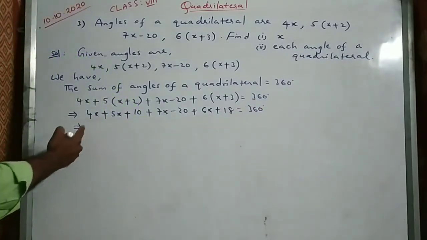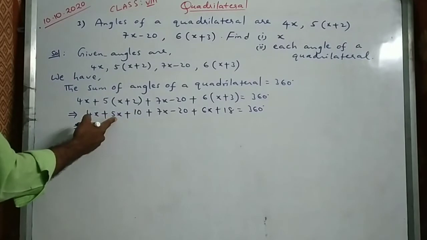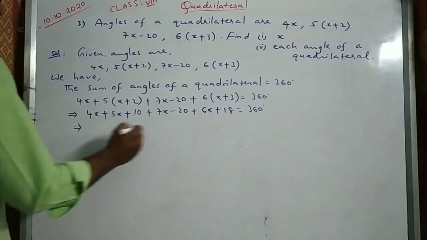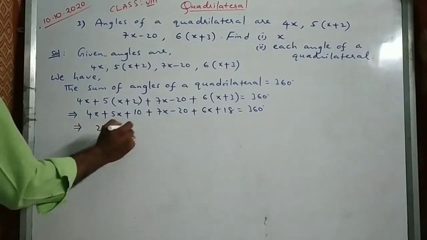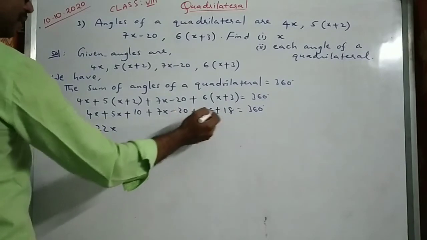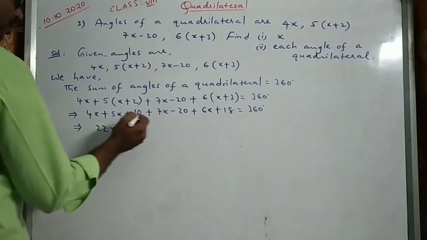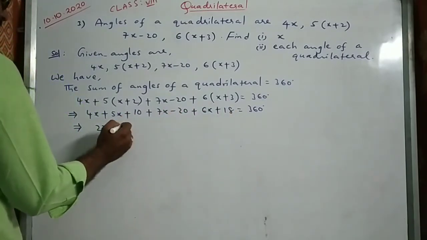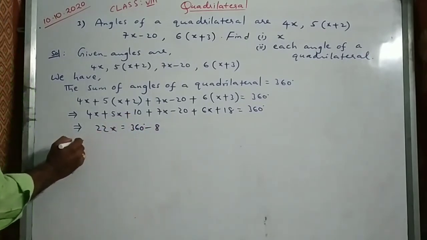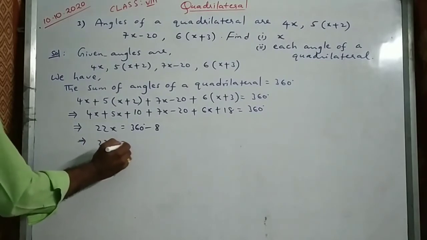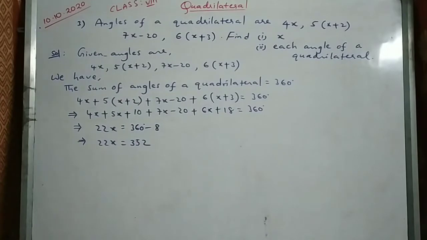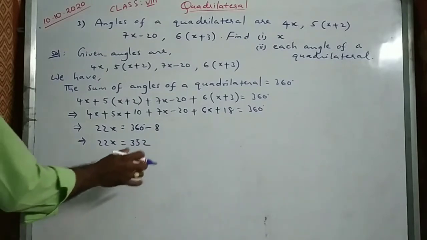Now see the x terms here. 4x plus 5x, 9x. 9x plus 7x, 16x. Plus 6x, 22x. Constants: minus 20 plus 18 means minus 2, plus 10 means plus 8. So 22x equal to 360 minus 8, which is 352.